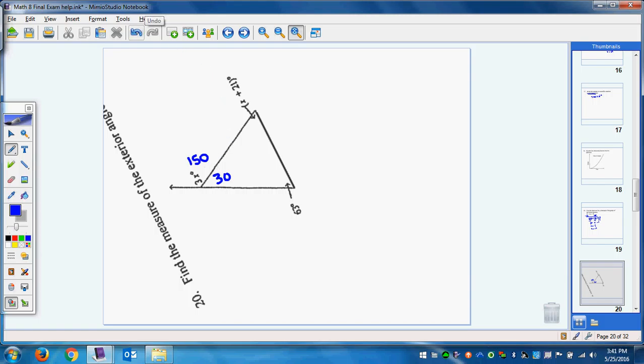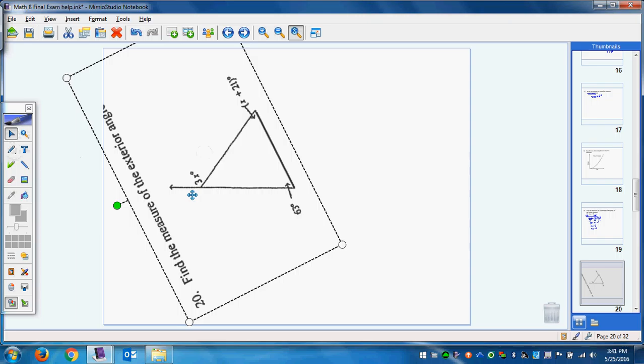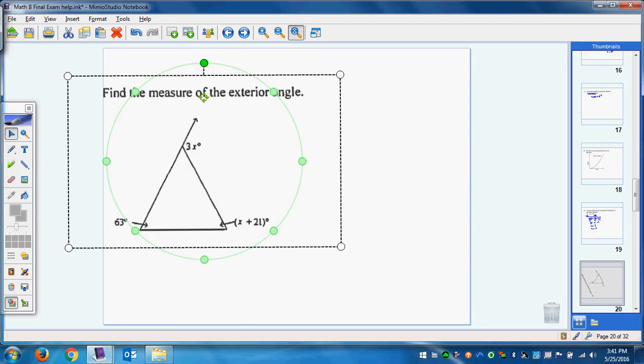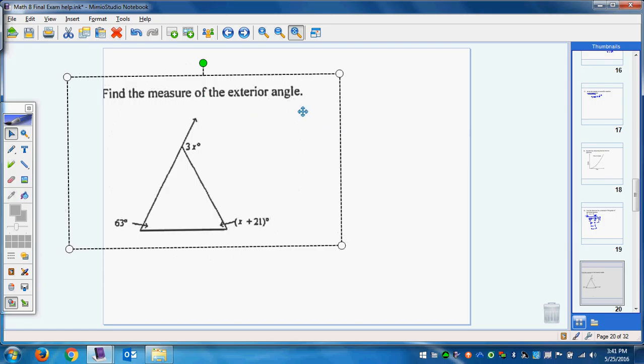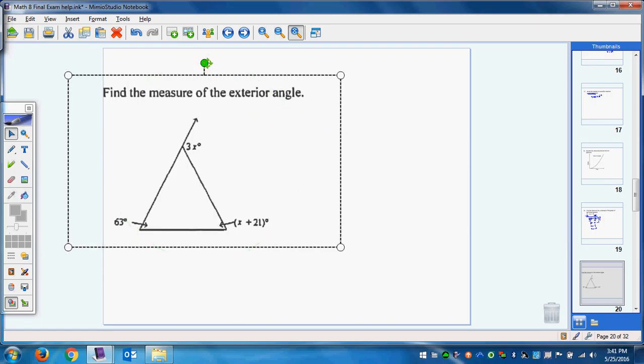So let me erase this information here, and let's go ahead and start it. And let me unrotate it for just a little bit, just so I can see the numbers better. Perfect.